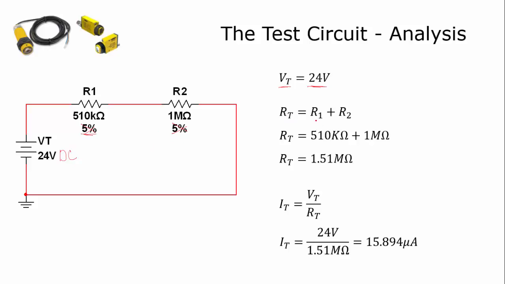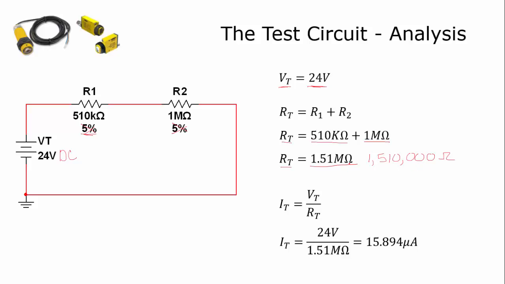So RT is going to equal R1 plus R2, so 510 kiloohms plus 1 megaohm, or RT is going to equal 1.51 megaohms. That's 1,510,000 ohms.